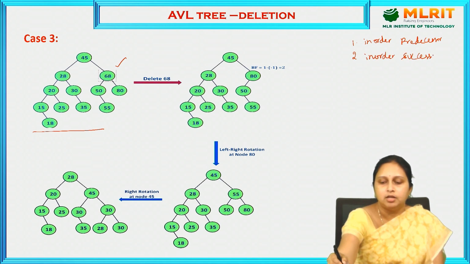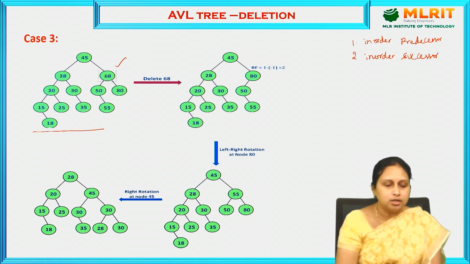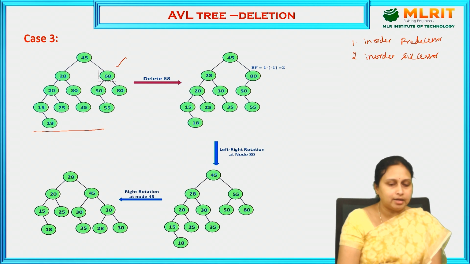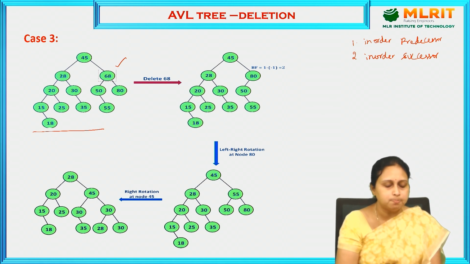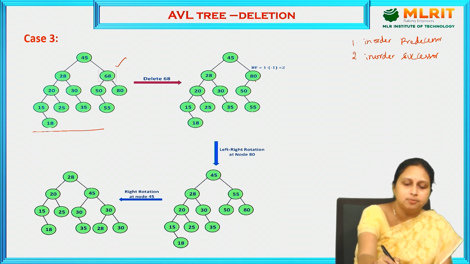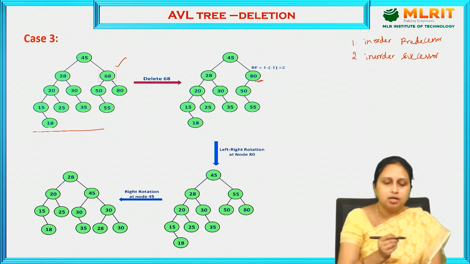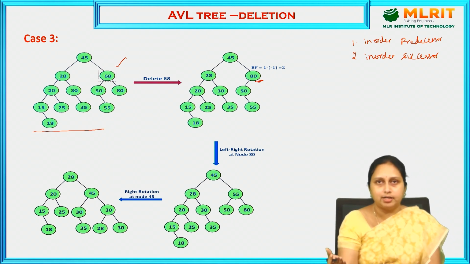Either of these we can use to replace, right? Now with this example, I am selecting the in order successor to replace 68. So you can see here 80 is replacing 68 after deleting 68. Since the in order successor is selected, that means the right subtree has been selected. We have only one node that is being replaced.